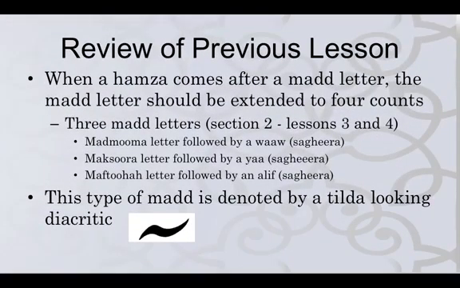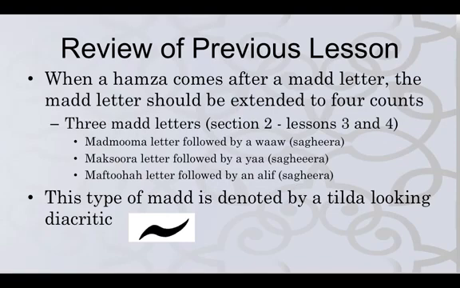Okay, a quick review of the previous lesson. We learned in the previous lesson about what we called the mud diacritic. Specifically, whenever a hamza comes after a mud letter, and what were the 3 mud letters? There are 3 mud letters: whenever a madmuma letter, a letter with a dhamma on it, is followed by a waw sukoon or a waw saghira; a maksura letter, a letter with a kasra below it, is followed by a ya or a ya saghira; and a maftuha letter is followed by an alif or an alif saghira.